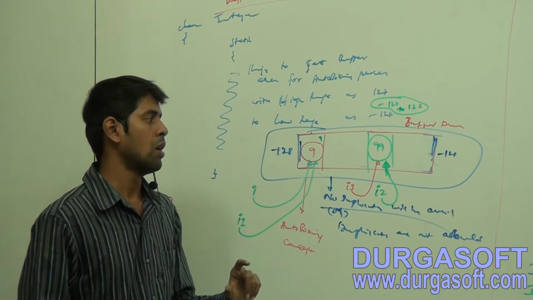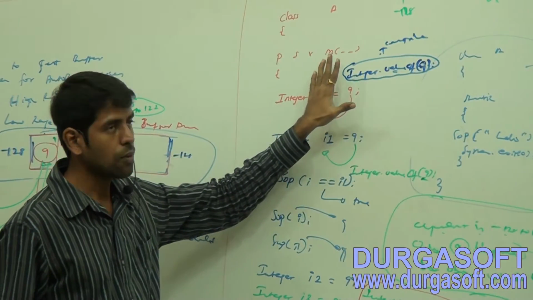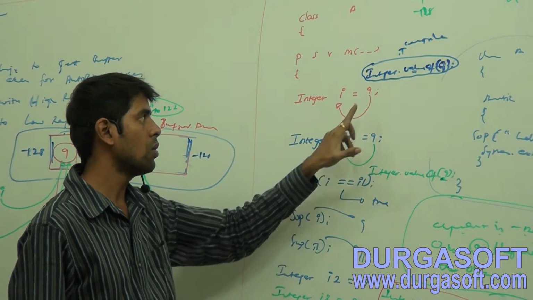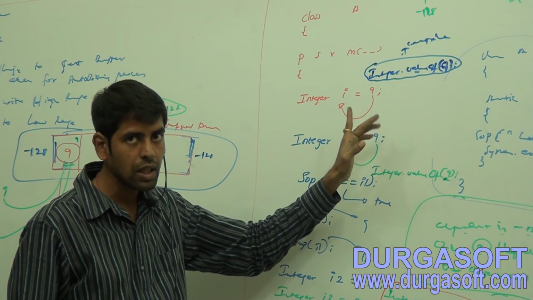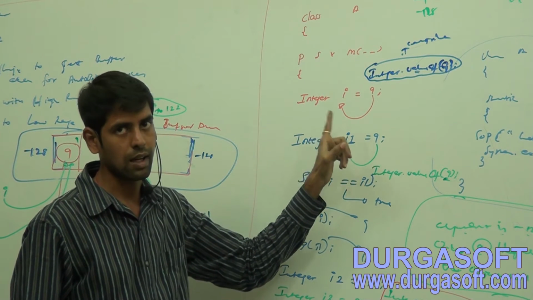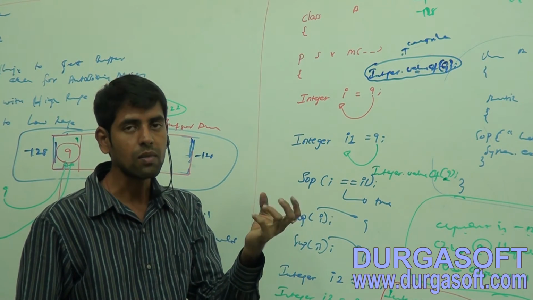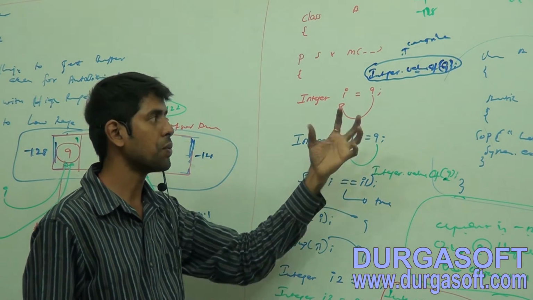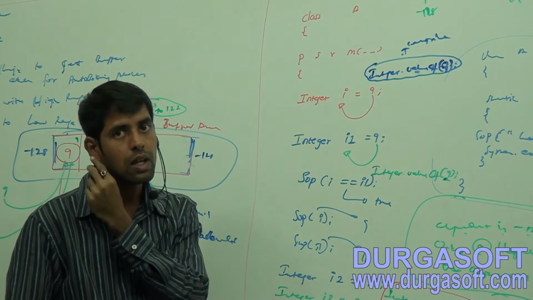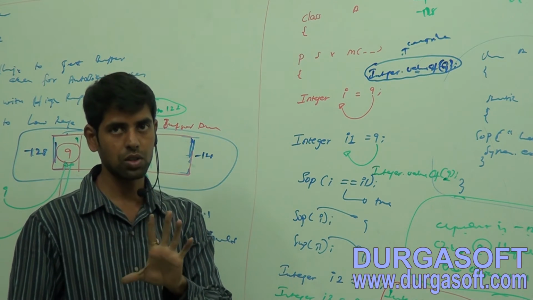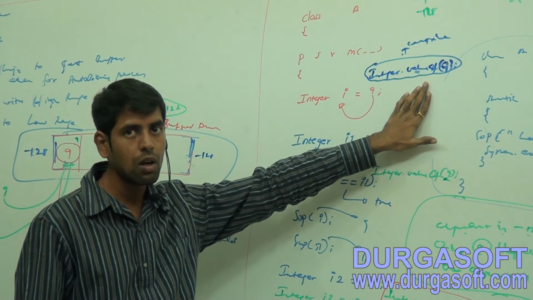Now observe here, I have taken one class A and one main method. Here I have taken one Integer i equals 9. Here what am I doing? Assigning 9 to i, converting a primitive to an object, that is, wrapping a primitive within an object. This concept is called auto boxing. Because of auto boxing, which method will be called?